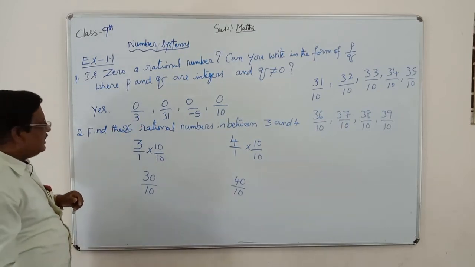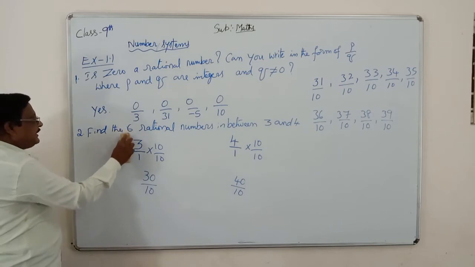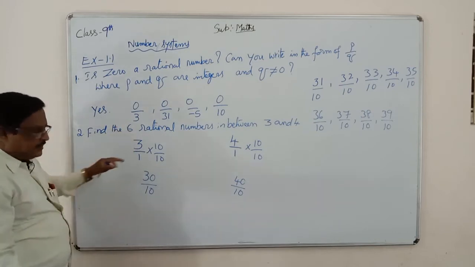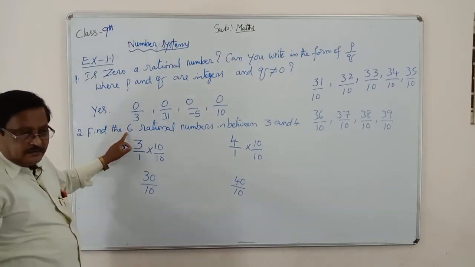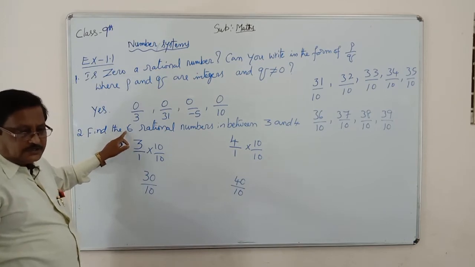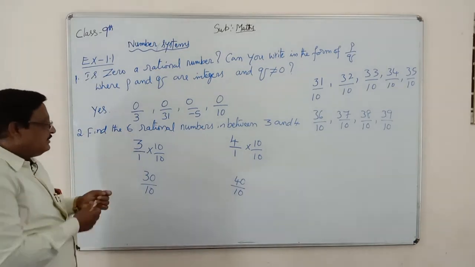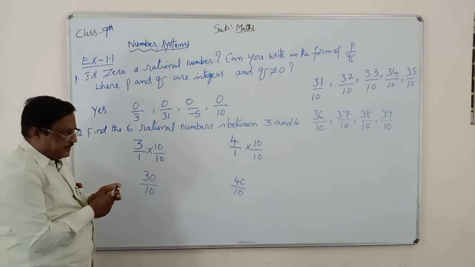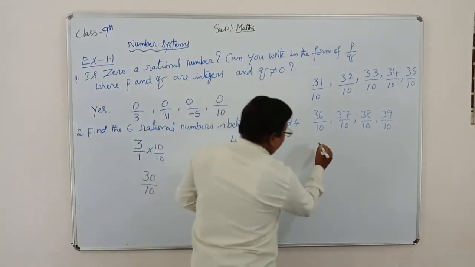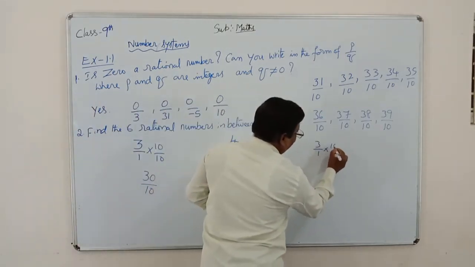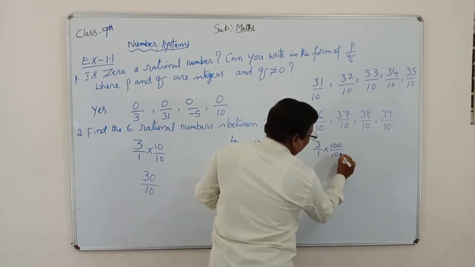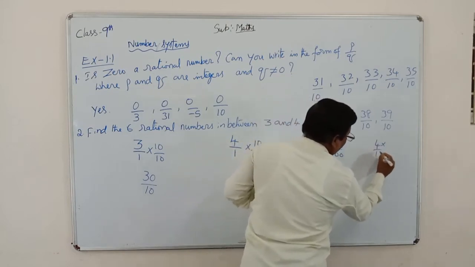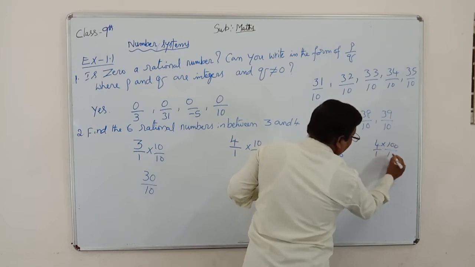The rational numbers are very many, so if we want a larger number of rational numbers, then multiply by 100. It means 3 into 100 by 100 and 4 into 100 by 100.